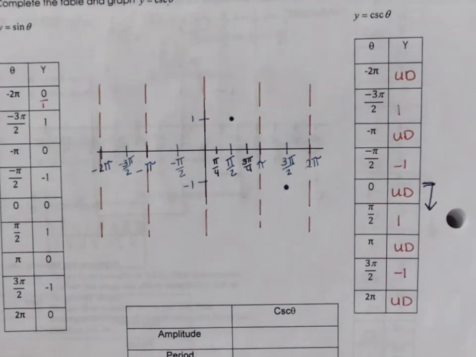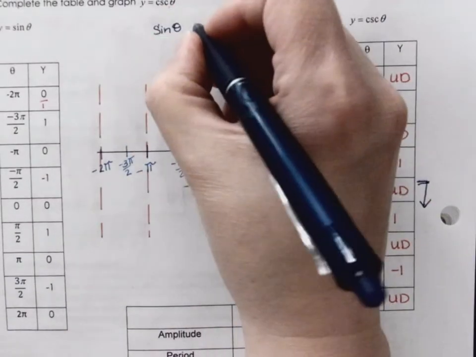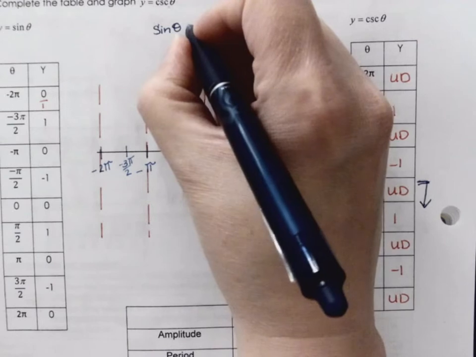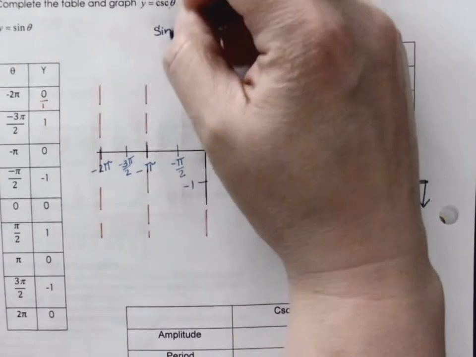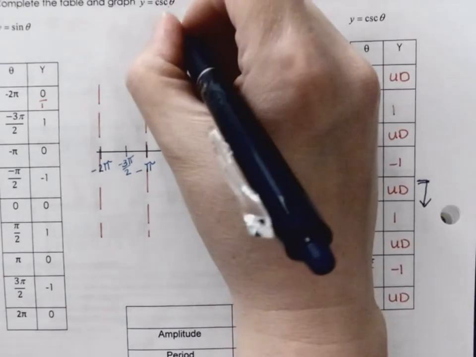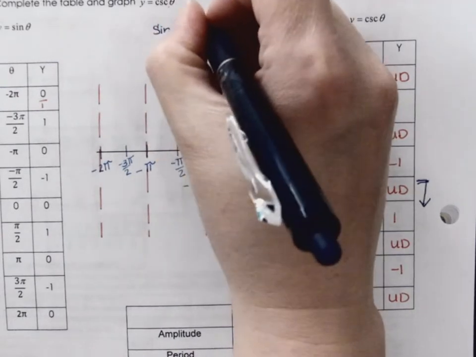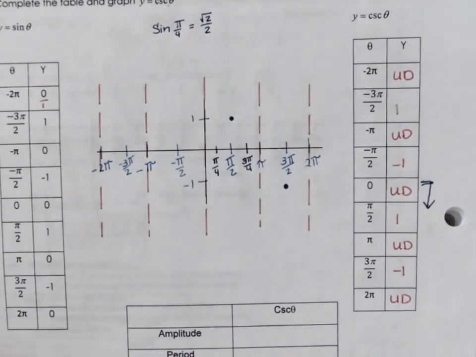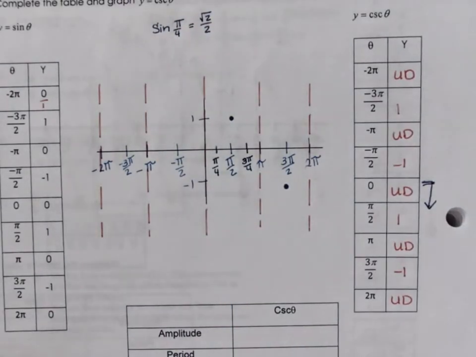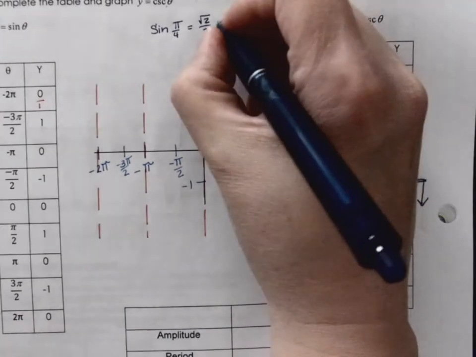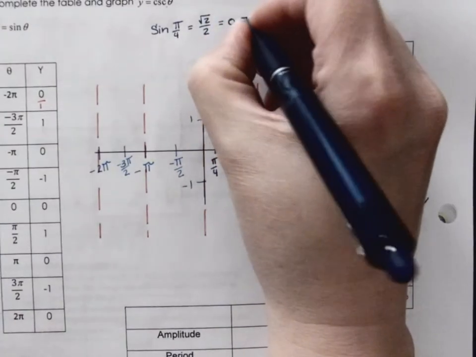So you know that sine of pi over 4 is root 2 over 2. And if I do that in my calculator, that gives me a value of 0.71.